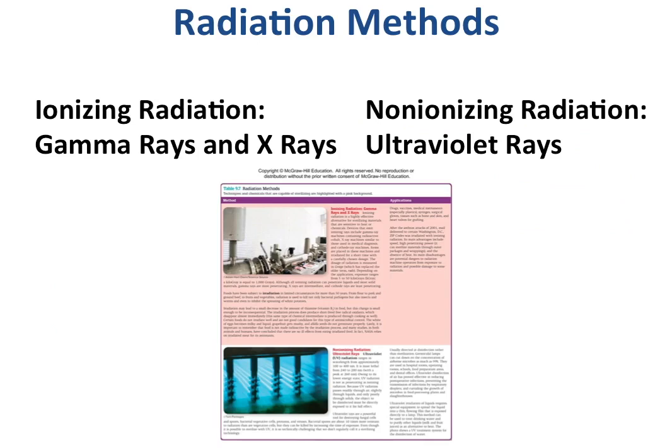The gamma rays and X-rays are ionizing radiation, and they are also harmful to humans or animals. However, the UV radiation is non-ionizing radiation, so it is relatively safe for humans.